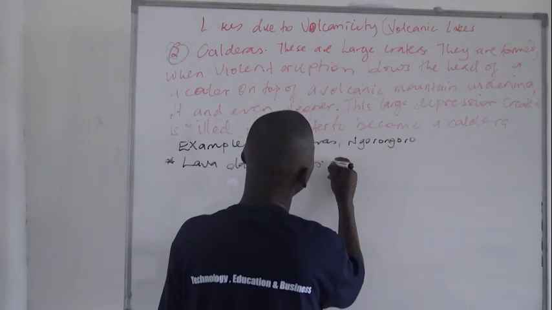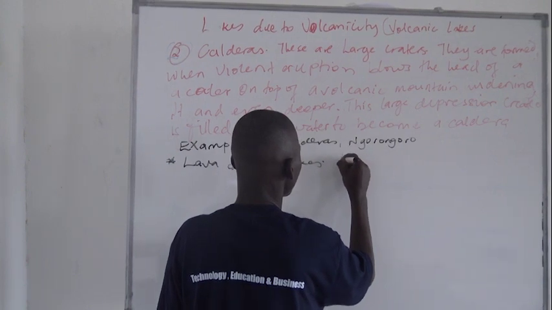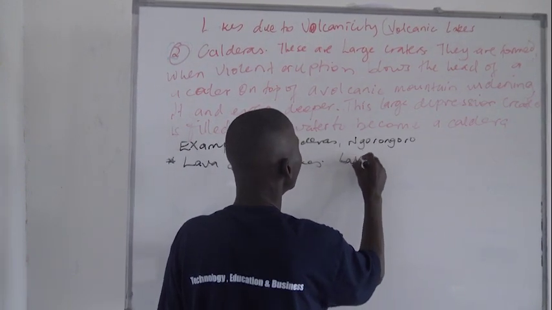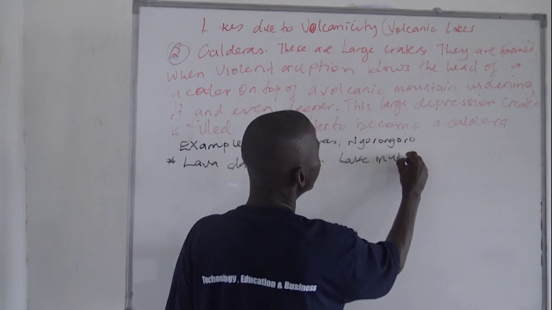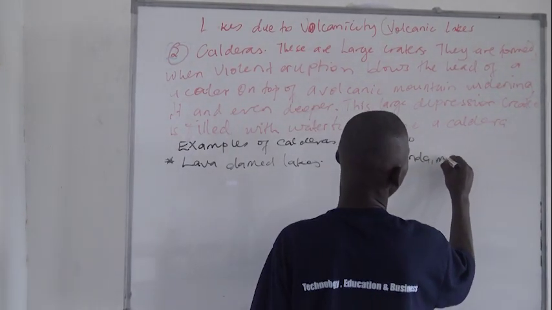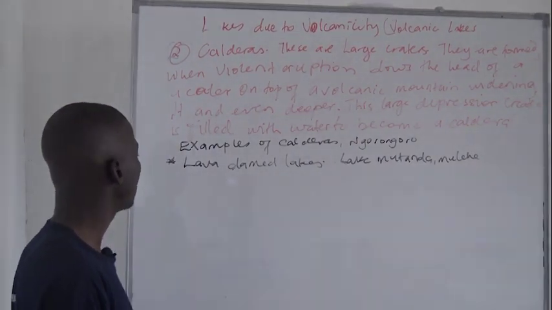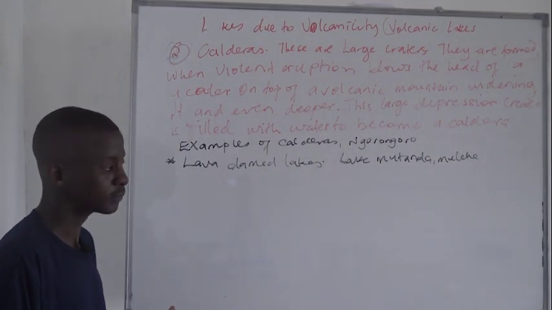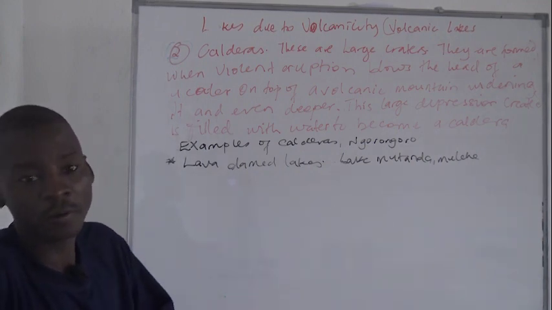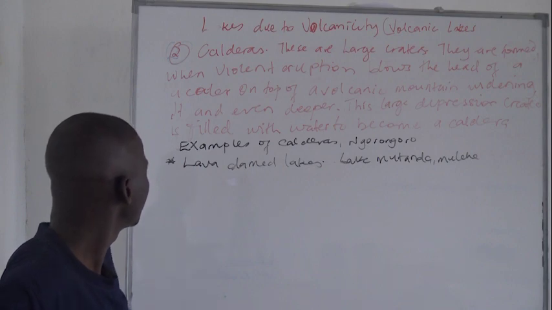An example of such is Lake Mutanda. Lake Mutanda and Mulehe are usually lava dammed lakes. They are mainly formed because of lava damming.